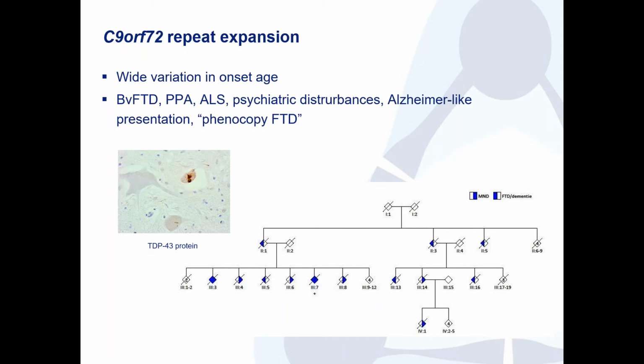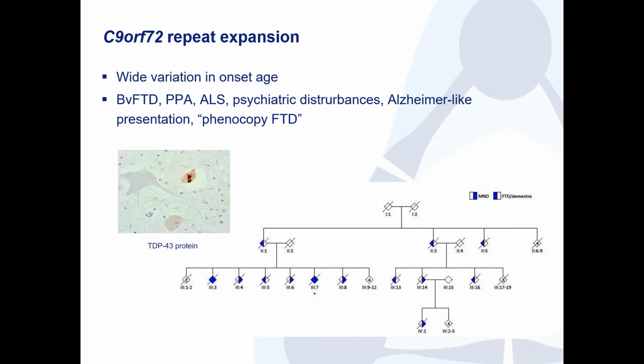Then in 2011, there was a worldwide major breakthrough in the discovery of the repeat expansion in the C9orf72 gene as a major cause of both FTD, but also amyotrophic lateral sclerosis, or ALS, which is a disease that is characterized by muscular atrophy and weakness.